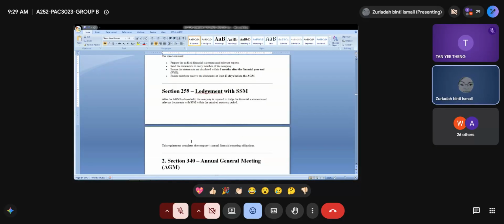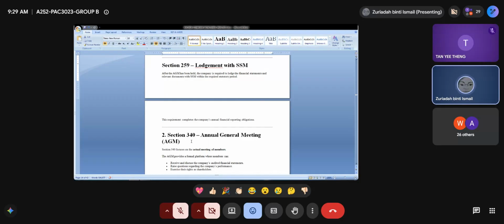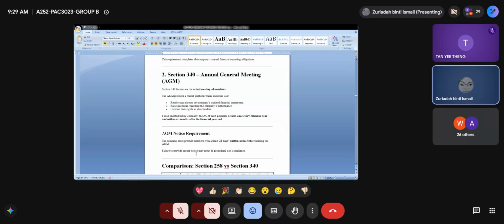Okay. While section 340 is about the annual general meeting. At the AGM, members can receive and discuss. This is the time for them to question, to verify the audited financial statement, including raising any concern on performance. This is their right as shareholders. Okay, right.